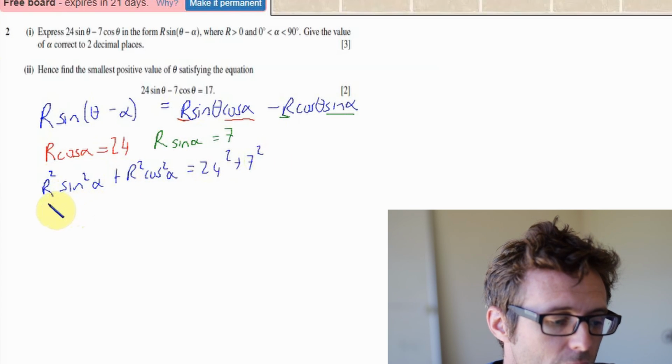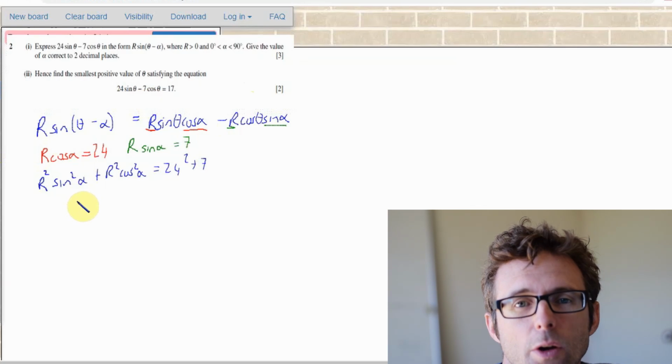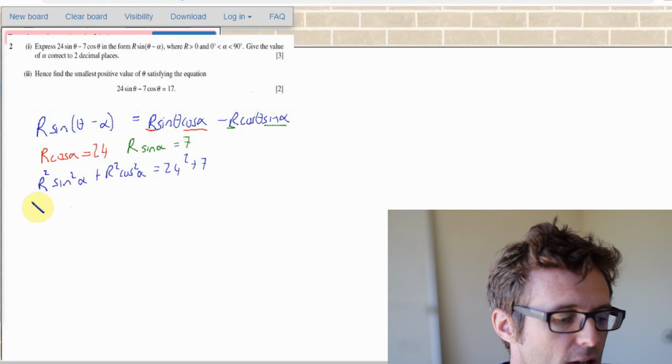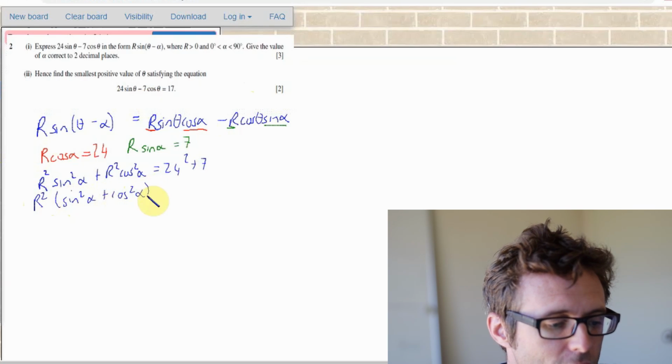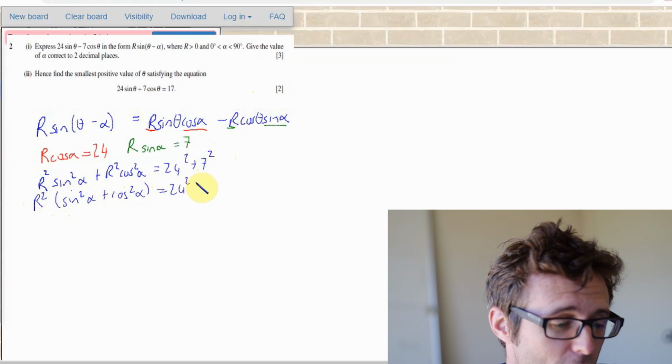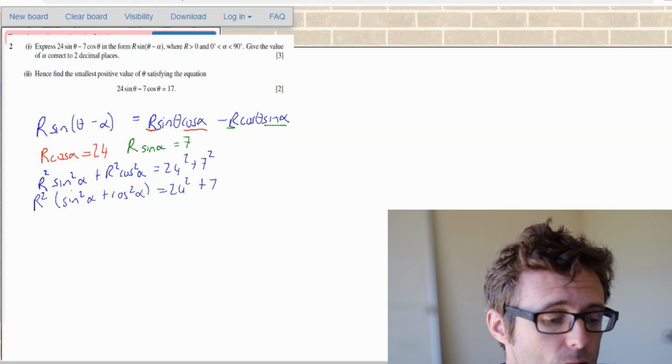And then I'm going to factorize. When I factorize, I hope you can see that we can take an r squared out here, and in the bracket we're going to have sine squared alpha plus cosine squared alpha is equal to 24 squared, whoops, I should have had a 7 squared on that last line, plus 7 squared.